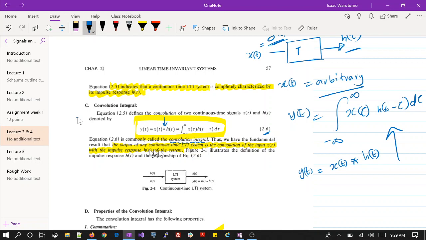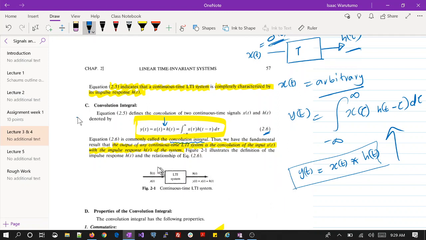Once we know the impulse response h of t, we can always describe the output of any continuous time system given the input x of t, defined by this convolution symbolized with a star, x of t star h of t.